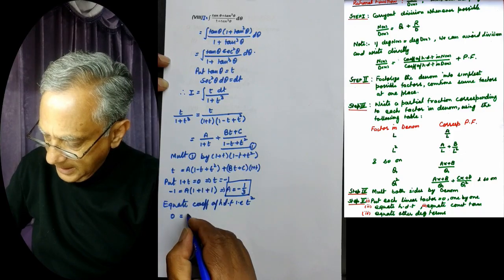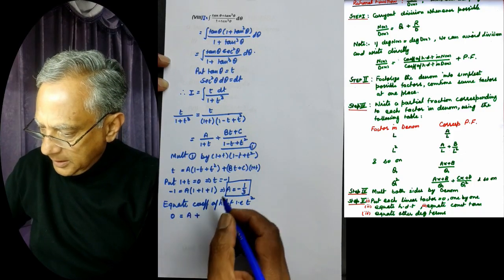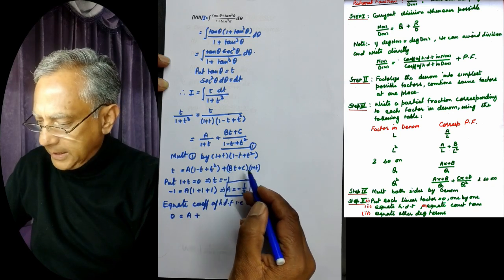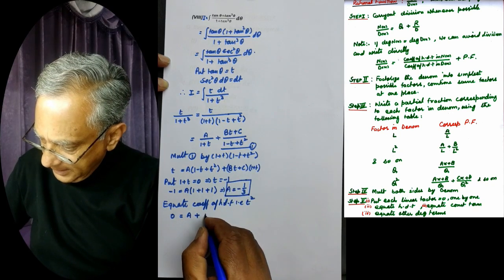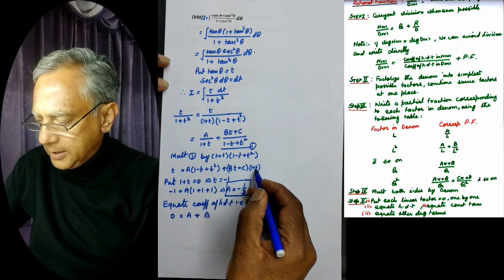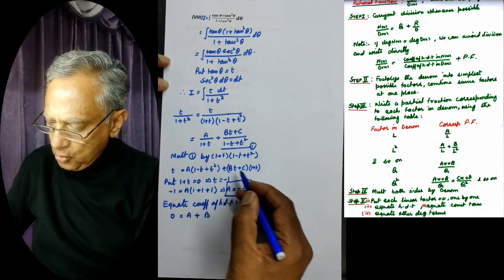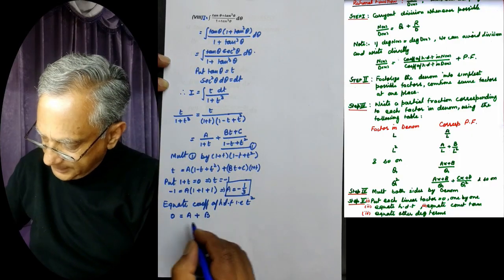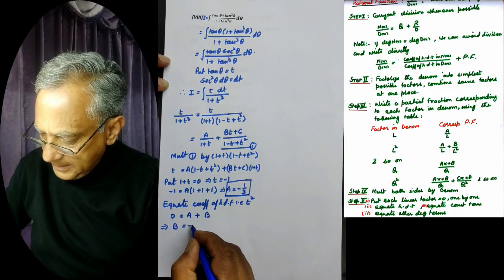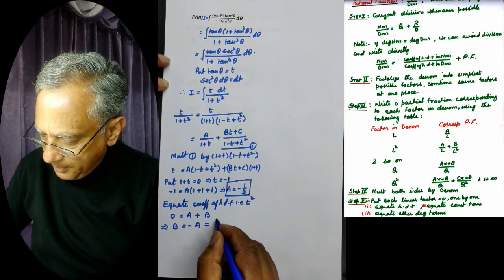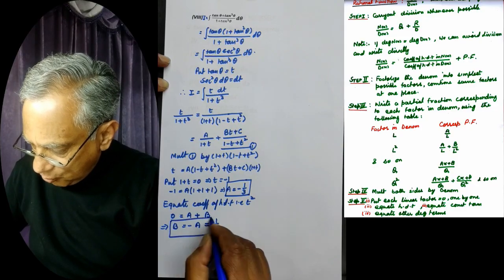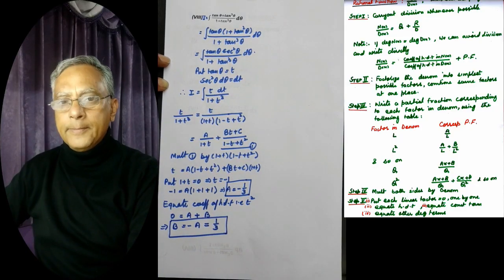Here it will be a plus, and from here we will again get one term of t square, and that will be b into t square. B into quotient of highest degree term in this is 1. So b into 1. This implies b is equal to minus a is equal to 1 by 3. So b is 1 by 3.